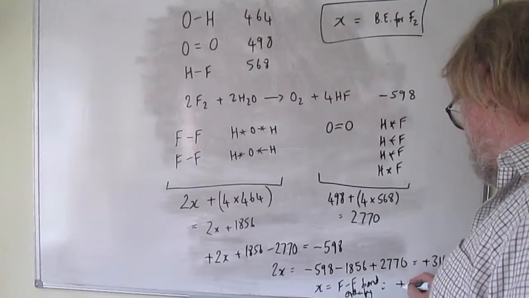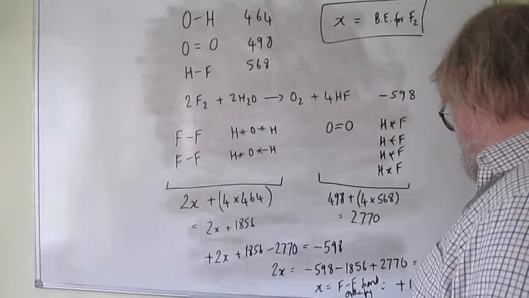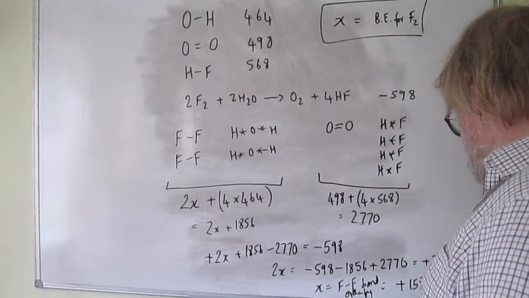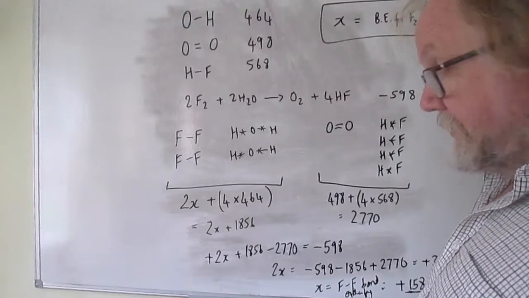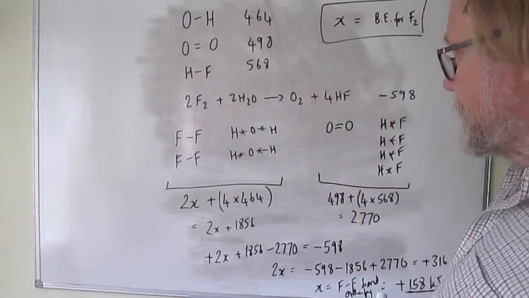So it's plus 158, sorry. Thought I'd messed that up for a second. Plus 158 kilojoules per mole is the right answer. So you just got to be careful about the signs and be careful that you don't miss any of the bonds out.